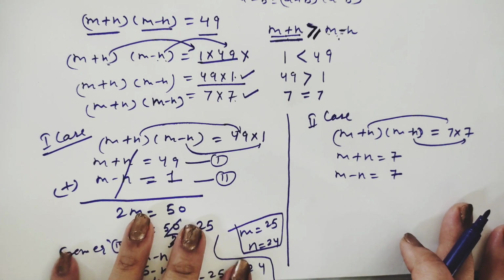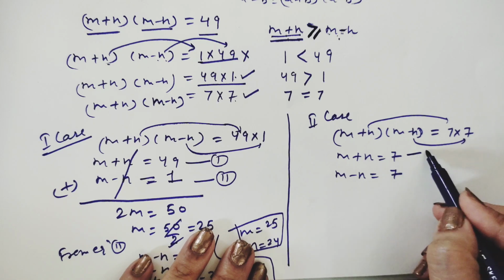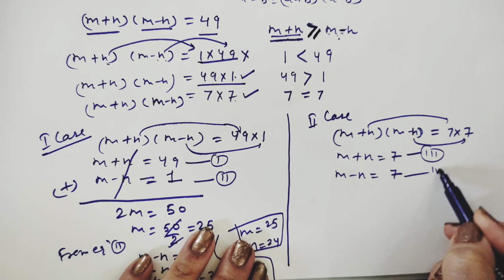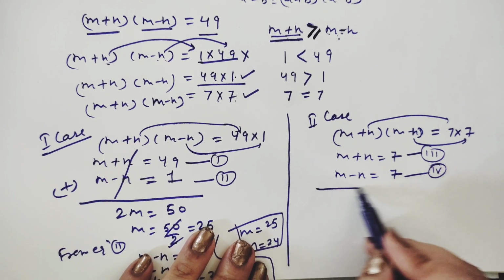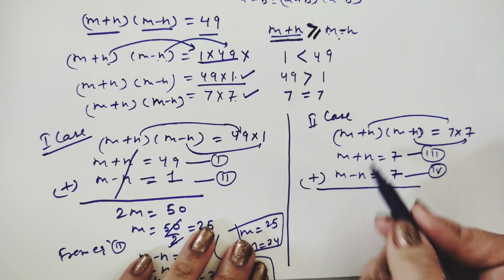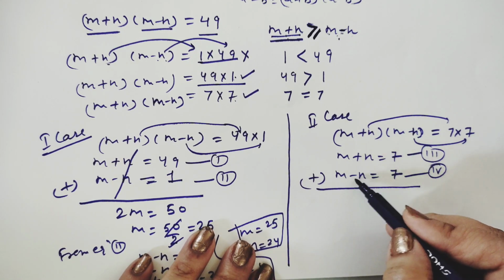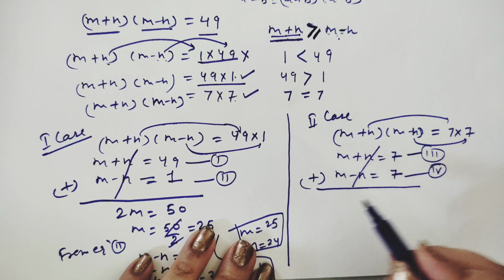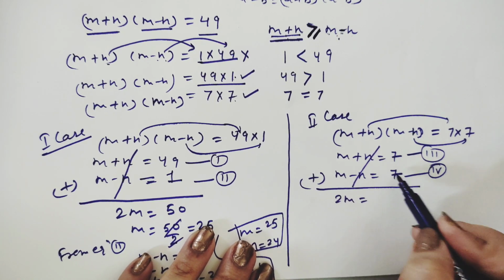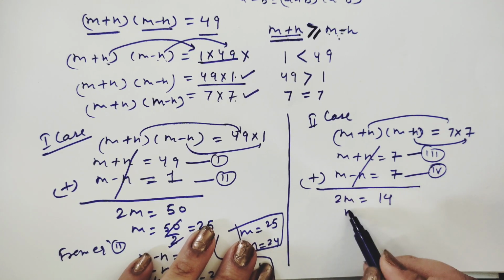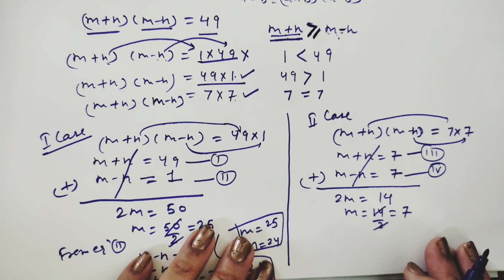Now the second case: this is equation number 3 and this is equation number 4. Again we add these two equations. Plus n and minus n cancel out, and we get 2m equals 14, so m equals 14 by 2, which is 7.